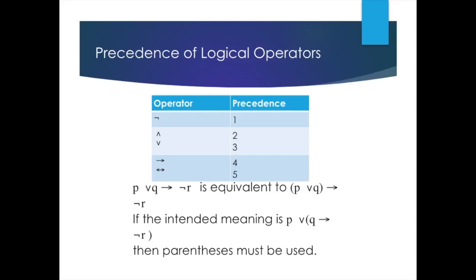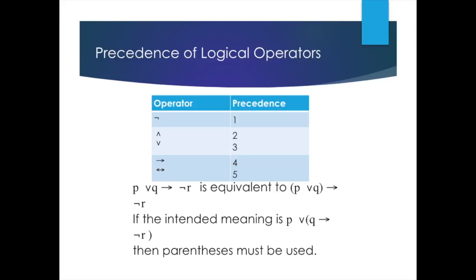We always deal with not as a first class entity. We do it first. Then you do and, or before anything else, and then you do the conditional, which is the implies, and the biconditional, if and only if, comes last to proceed with.